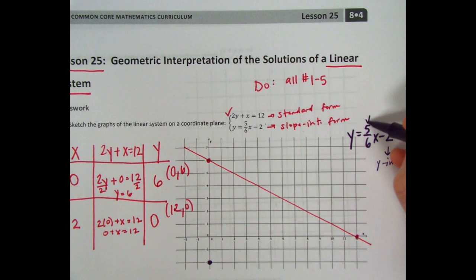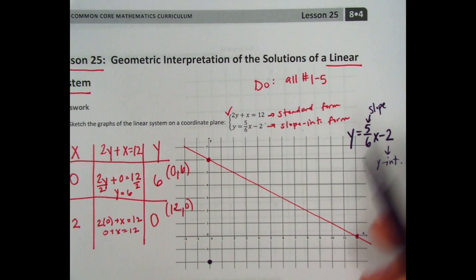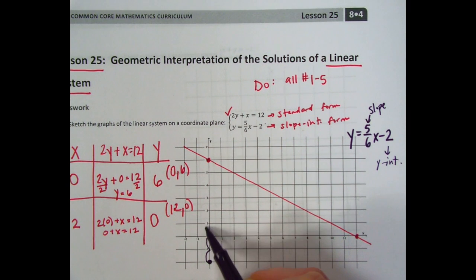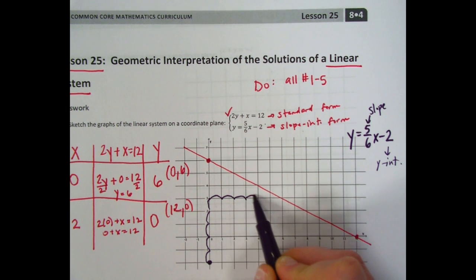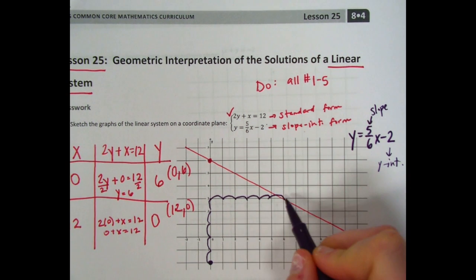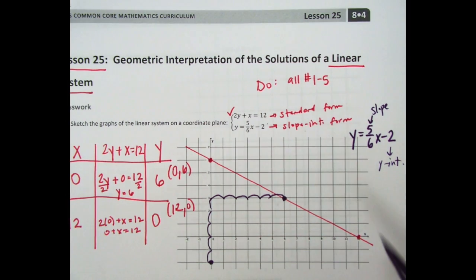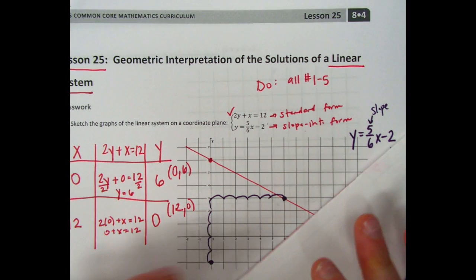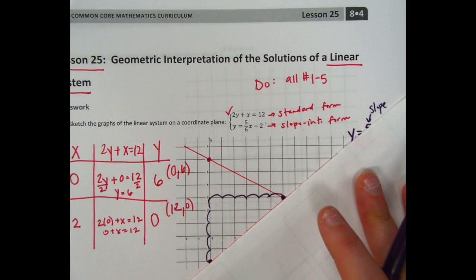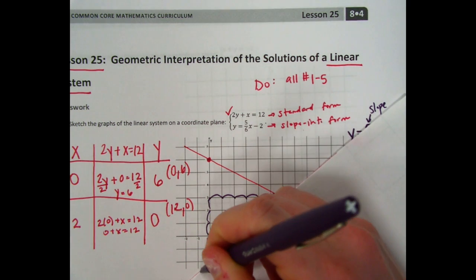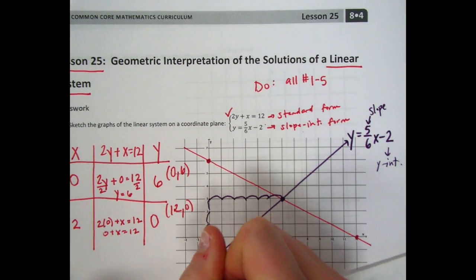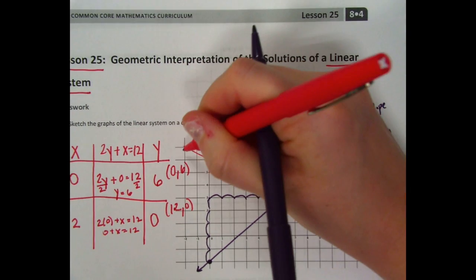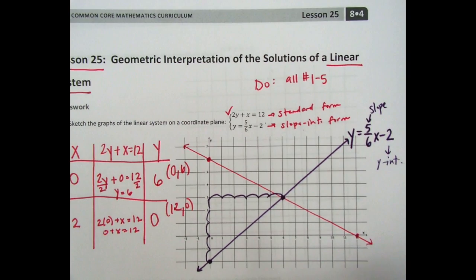Then I have my slope, and we're going up 5 over 6: 1, 2, 3, 4, 5 up, then over 1, 2, 3, 4, 5, 6. That's 2 points. I just need 2 points to make a line, so I'll get a straight edge and make a line. Now I have graphed both of my equations.